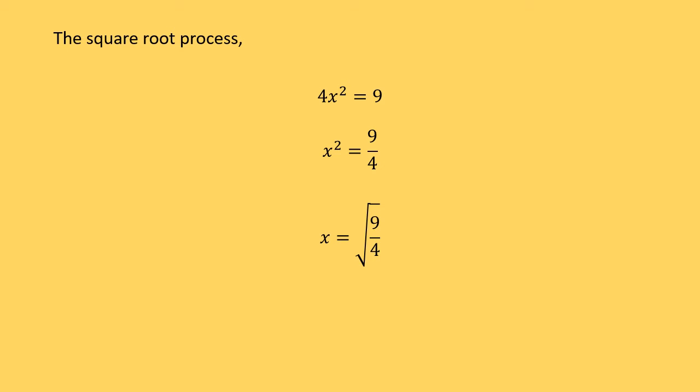So square rooting both sides, x equals 3 over 2 or minus 3 over 2. So remember to allow for both positive and negative options when you are using the square root process.